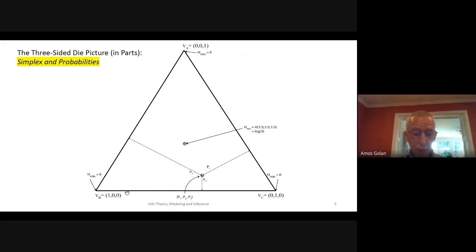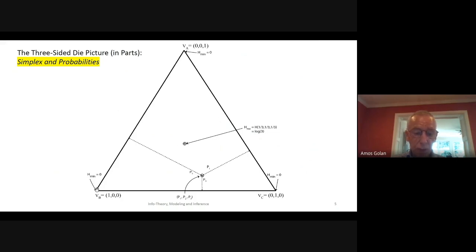Okay, so for example, here we see that P1 equals 1 and the other two equal 0. Think about how we're measuring the value of the probability, the normalized value. Basically, it's the distance from the point, at 90 degrees, all the way to the other side. So this is a distance of exactly 1.